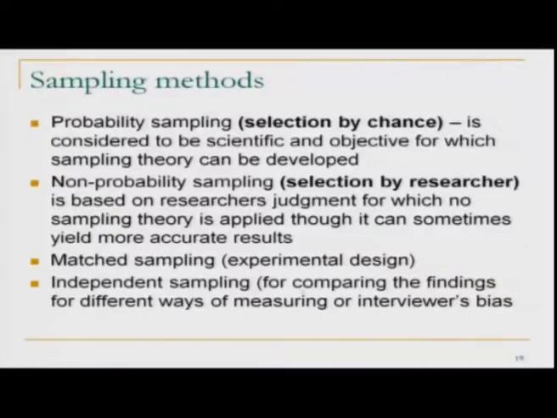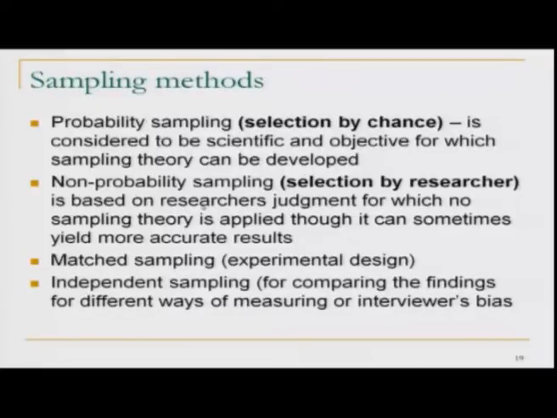Now, sampling methods. I have just mentioned two types of samples, probability sample and non-probability sample. In probability sampling, selection is done by chance, is considered to be scientific and objective, for which sampling theory can be developed.